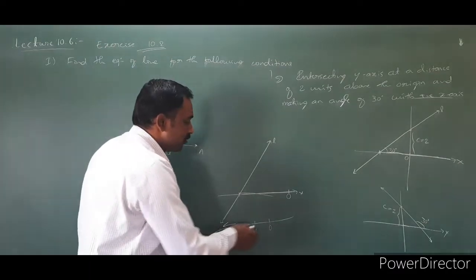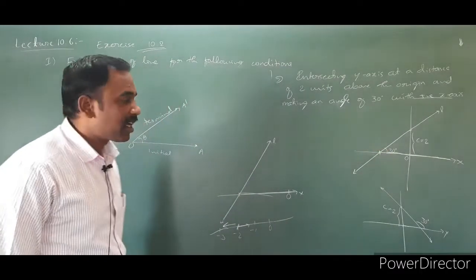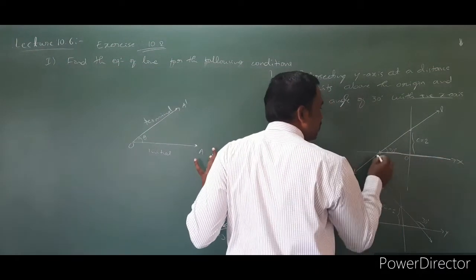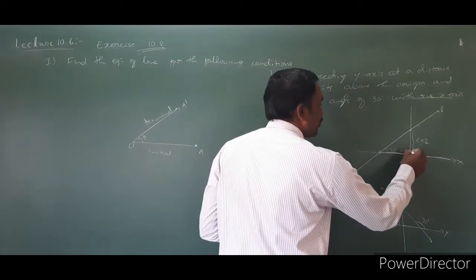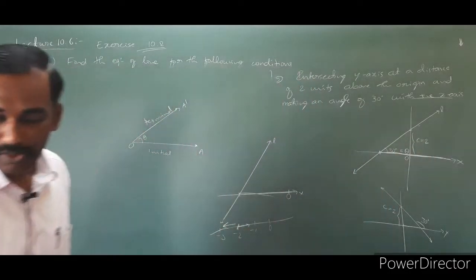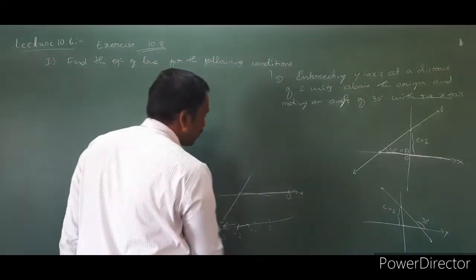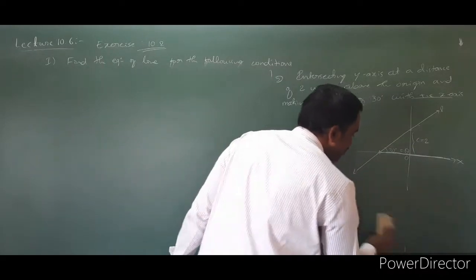Are you clear? So increasing in this direction is exactly the meaning. From here onwards, it is the positive direction of the x axis, line 30 degree. So 30 degree is the required theta and C is equal to 2. Now don't make any confusion, very clear, positive direction of the x axis.